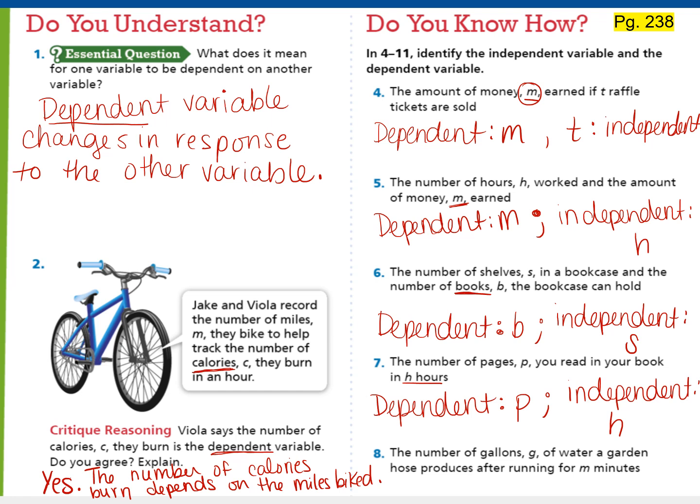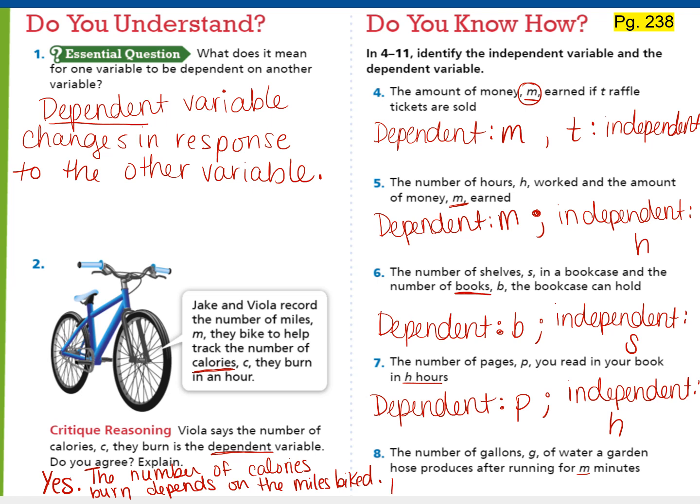Number 8, the number of gallons G of water a garden hose produces after running M minutes. So on this one, which is going to have the biggest change? The number of gallons of water in a garden or my number of minutes? Which one is relying on the other one?